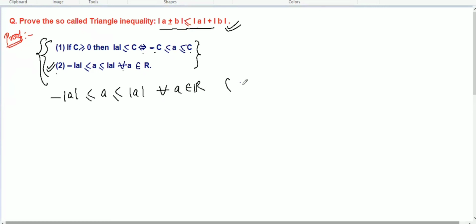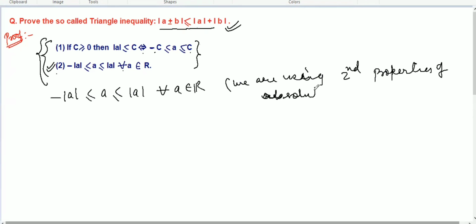So here you can write it down. We are using the second property of the absolute value of a real number.